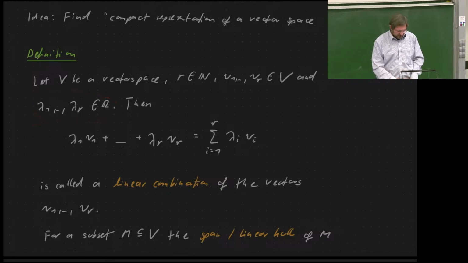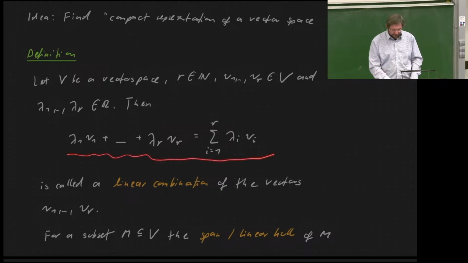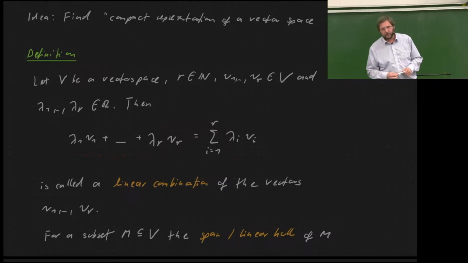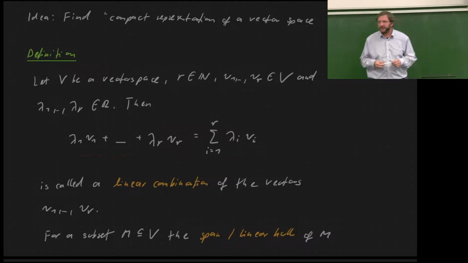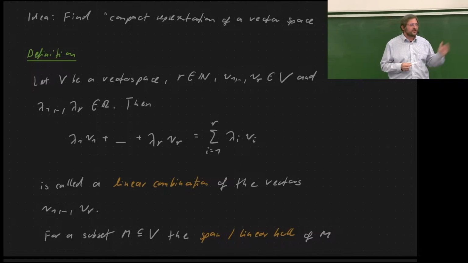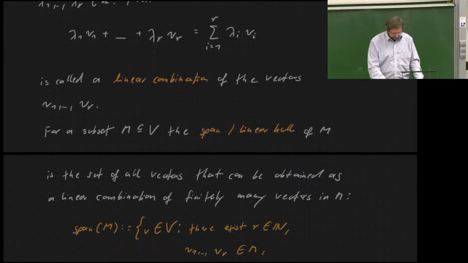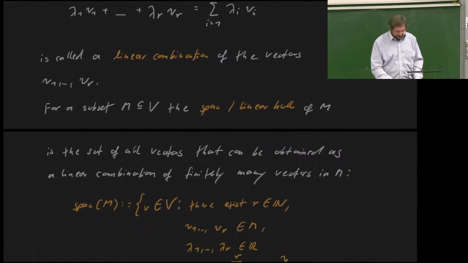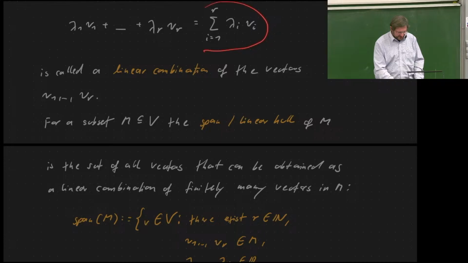Then we multiply each vector with its associated scalar and sum it all up. Any expression that looks like this is called a linear combination of those vectors. Just a fancy name for a sum.